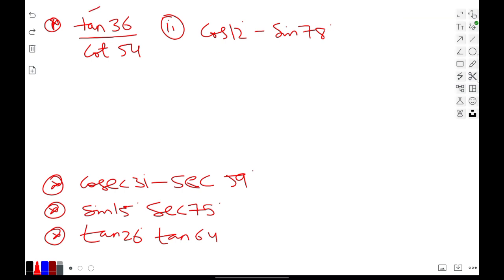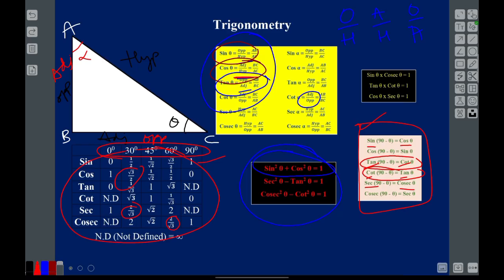I'm changing tan into cot, so tan 36 can be written as tan 90 minus 54 by cot 54. As I mentioned, tan 90 minus theta is cot theta.